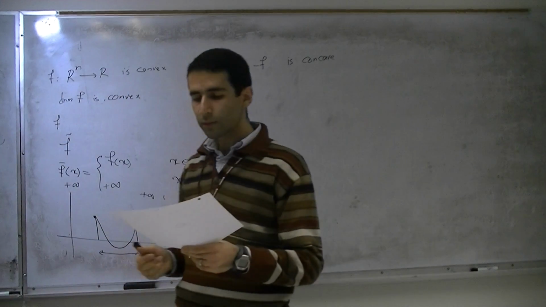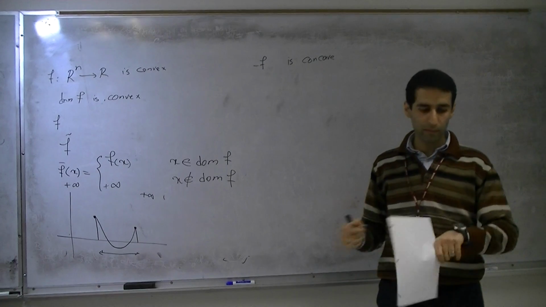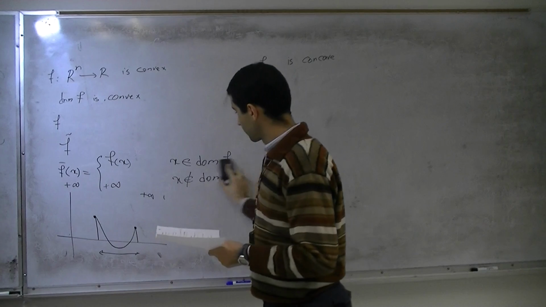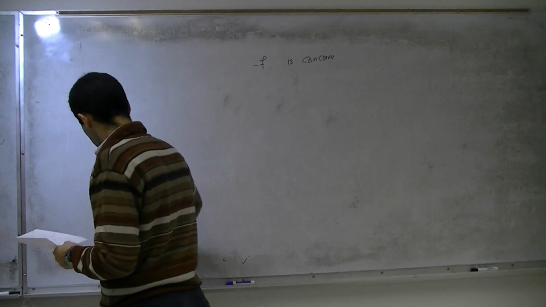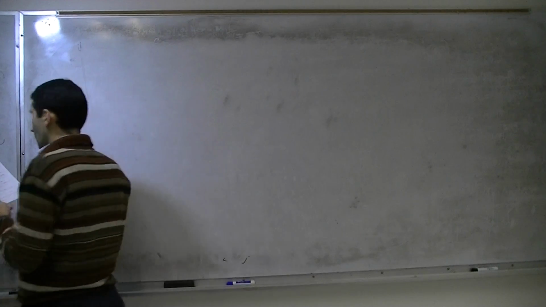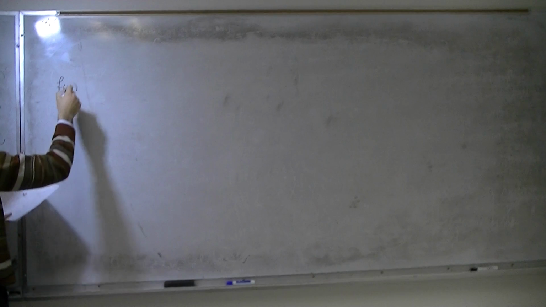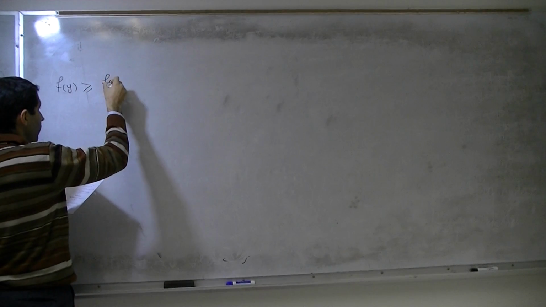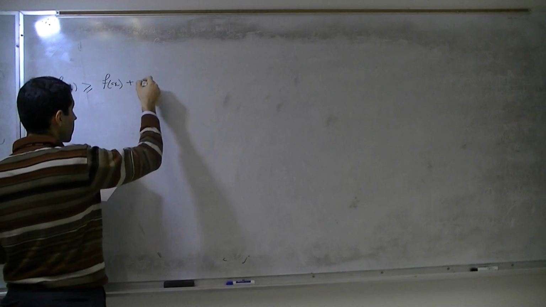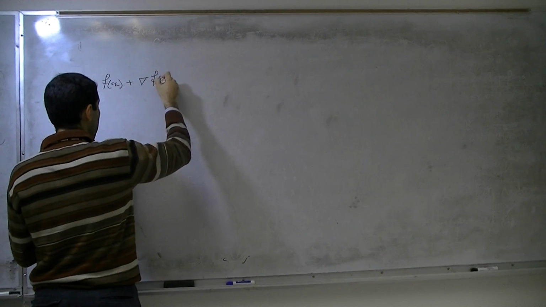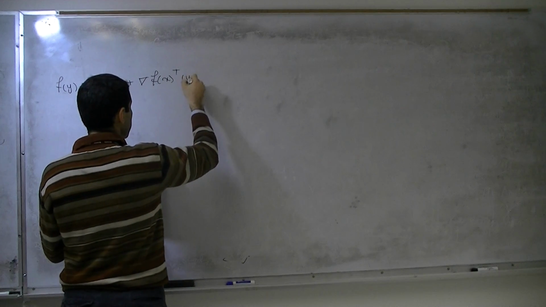Let's go to the two conditions for finding whether a function is convex or not, and then if we have time, we can continue, or we can solve some problems. The first order condition says f(y) is bigger than or equal to f(x) plus the gradient of f(x) transpose at the point y minus x.